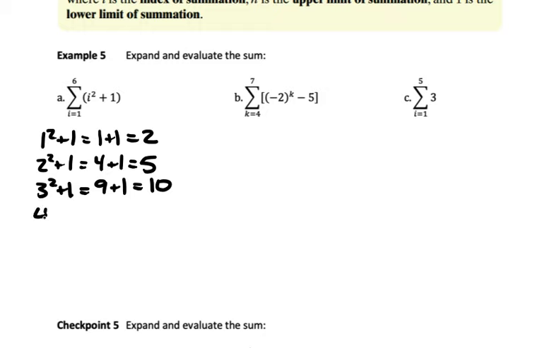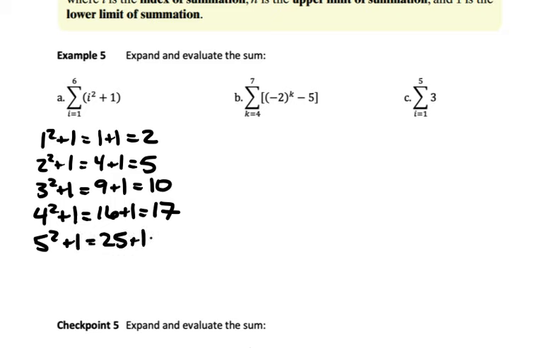We'll plug in 4, which gives us 17. We'll plug in 5, which gives us 26, and we'll plug in 6, which gives us 37. So we're plugging in from 1 through 6, every whole number between 1 and 6, including 1 and 6.